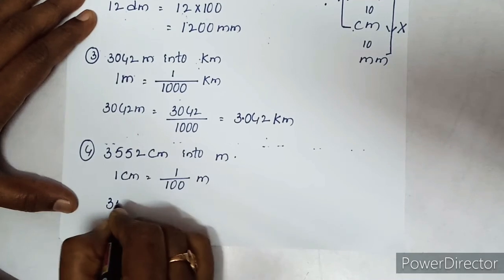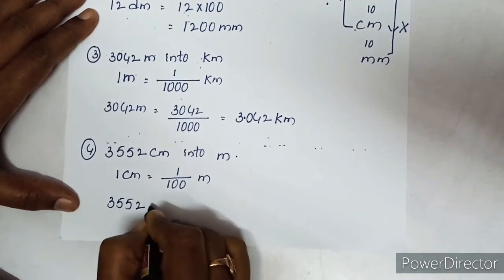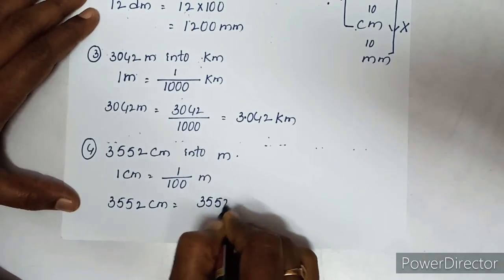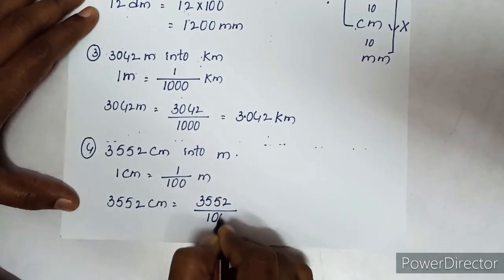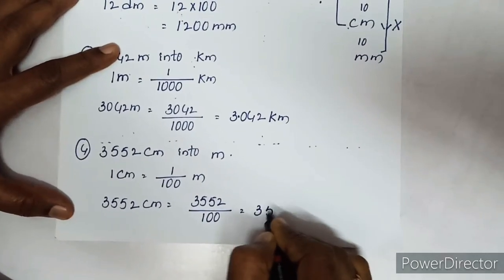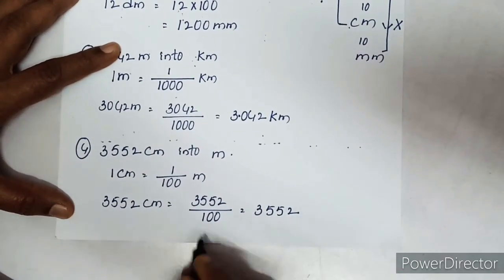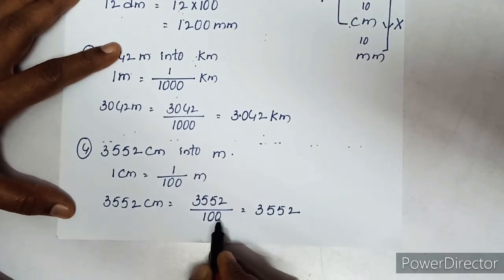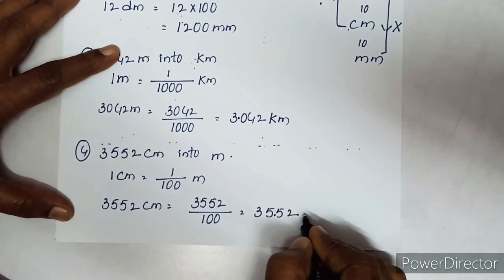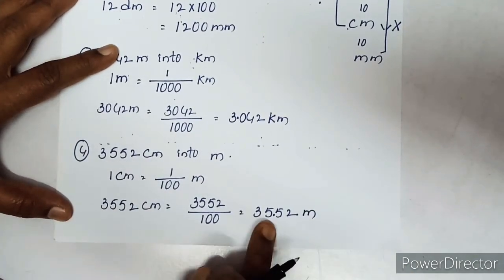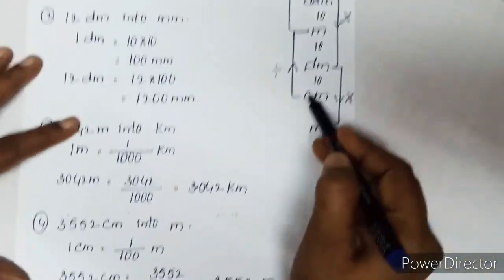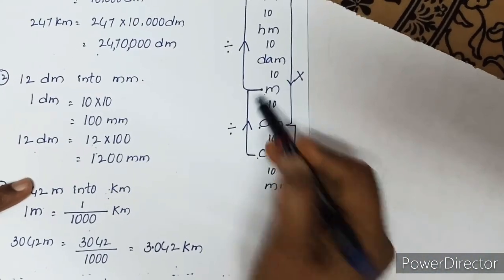Now 3552 centimeters is equal to 3552 by 100. As I said, first write the total number 3552. See the number of zeros in the denominator, 1, 2. So here also 1, 2, place a point. Now write 35.52 meters.